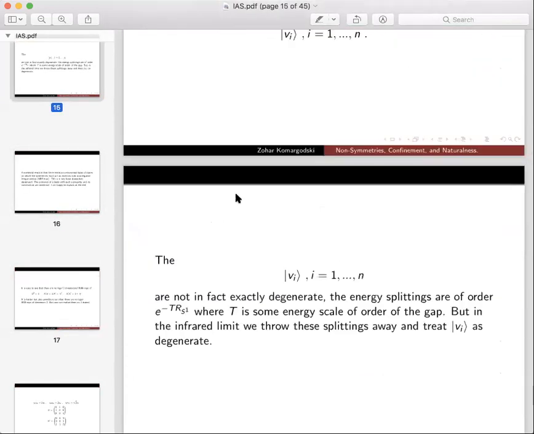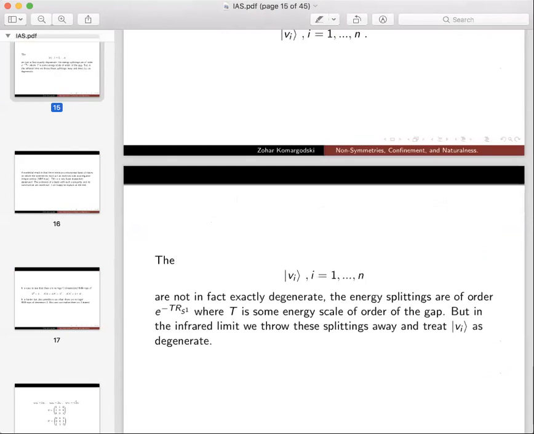Okay, so let me start with two general comments. One is that when you take this infrared limit and you look at the states on the circle, you just have a Hilbert space of n states. Who asked the question, by the way, so that I know more or less who I am talking to? Oh, it's Qiming.